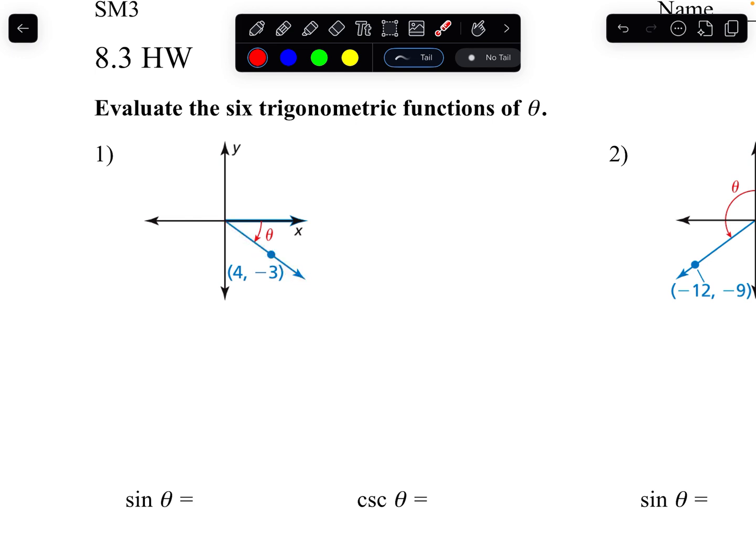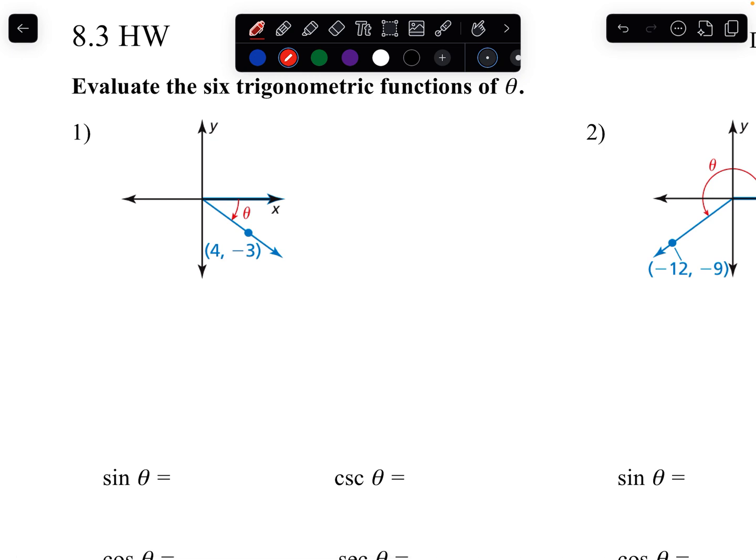There is a point on the terminal side, and I'm going to make a triangle by drawing a line straight to the x-axis, perpendicular to the x-axis, making a right angle. According to the values of this point, the leg on the x-axis is 4, and the leg that I made perpendicular to the x-axis is -3.